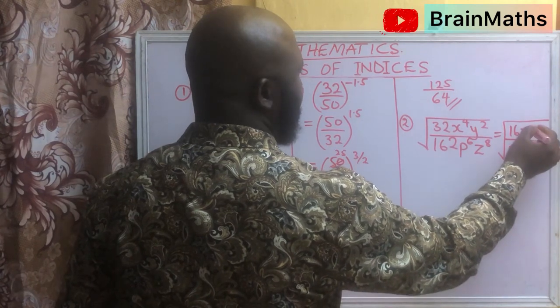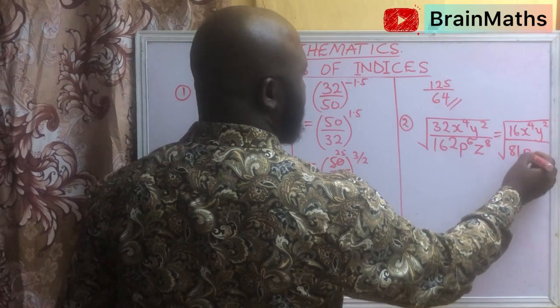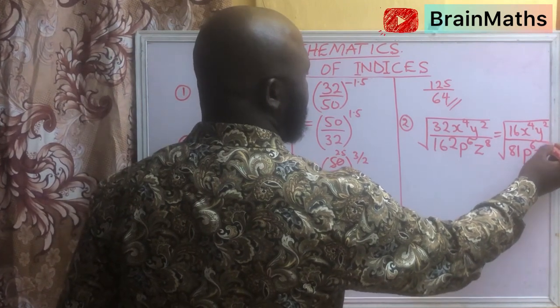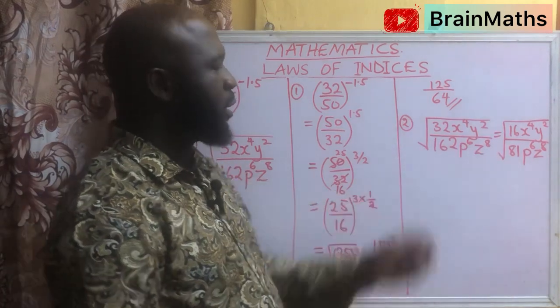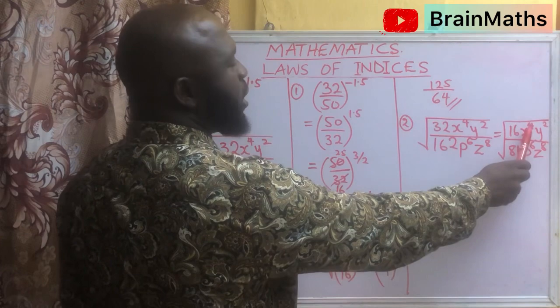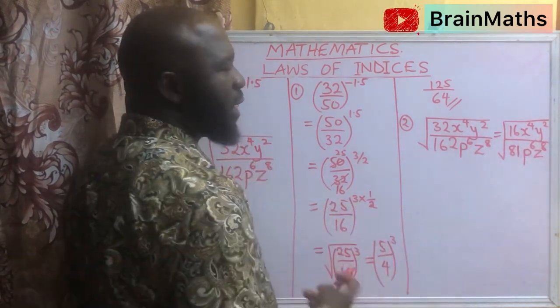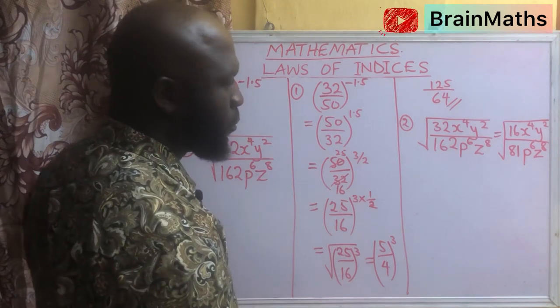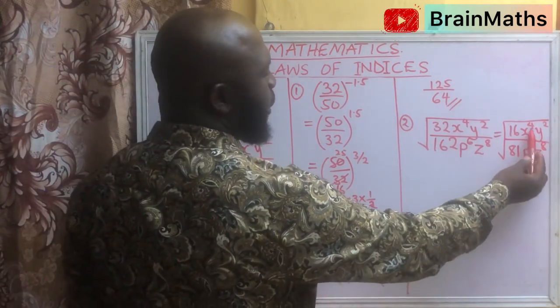So we have our x power of 4, y raised to power 2, p raised to power 6, z raised to power 8. Now, the next thing I need to tell you here is that whenever you have an alphabet having a power, which is also under a square root, what they are telling you there is to divide the power by 2.